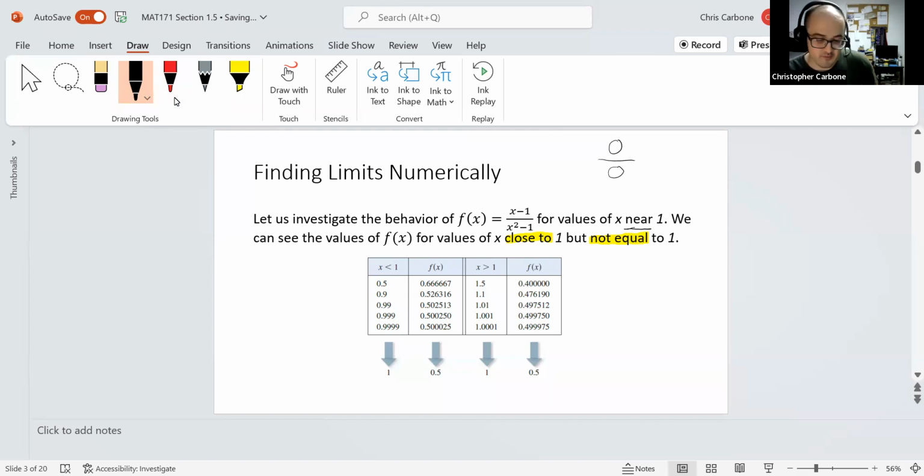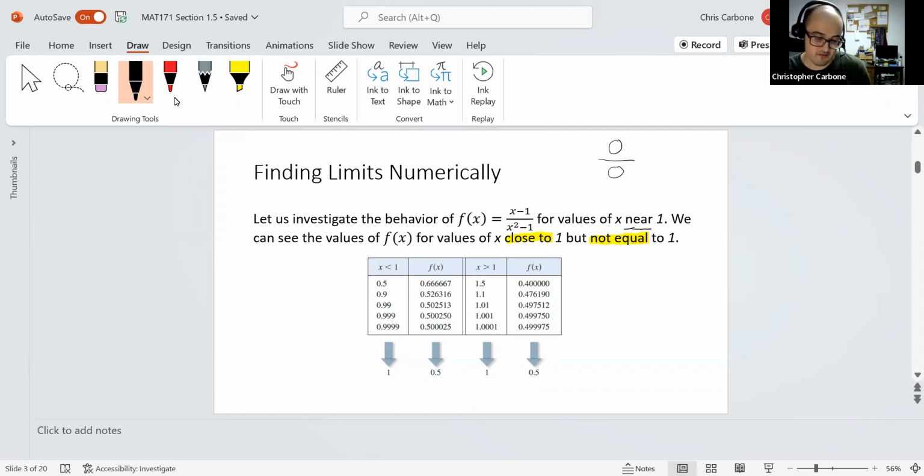The point, though, is we can look at values below 1, such as 0.5, 0.9, 0.99, 0.9999, and so on, which starts getting towards the value of 1. If you plug those numbers into the function, you get these different values.